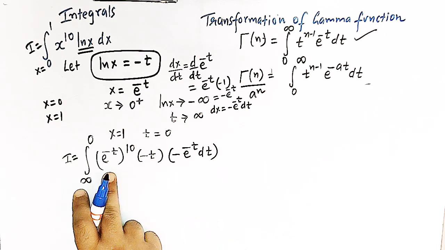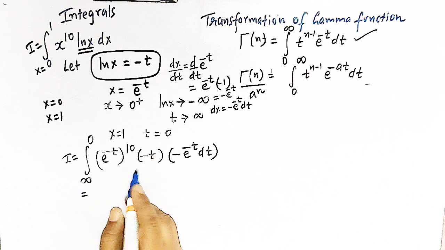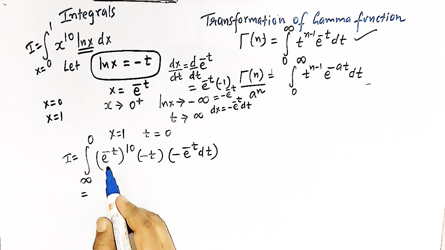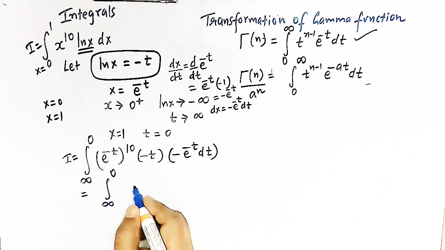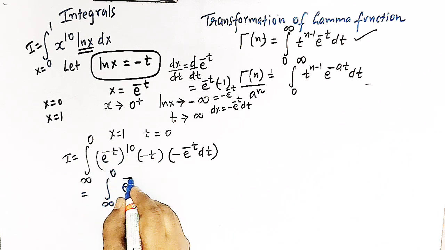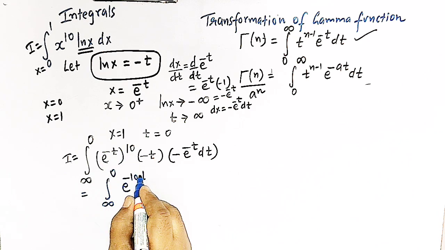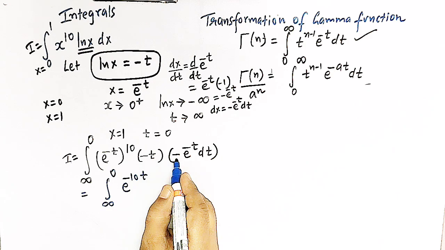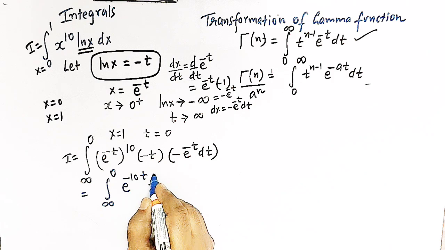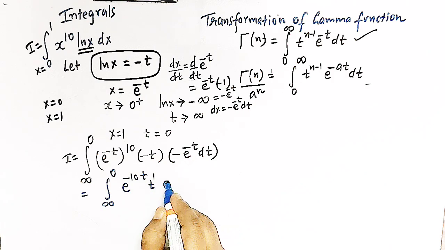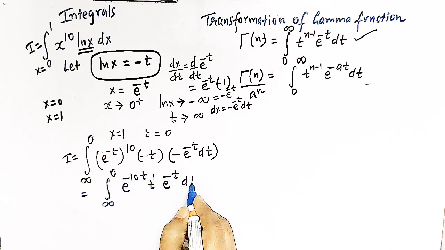Now let us simplify this expression. Here we have the integral from infinity to 0 of e raised to minus 10t, and minus and minus multiplied together become positive, and here we have t raised to 1 and e raised to minus t dt.